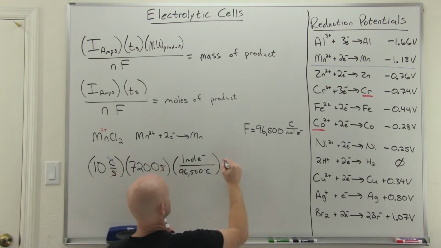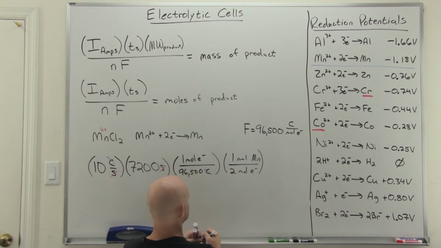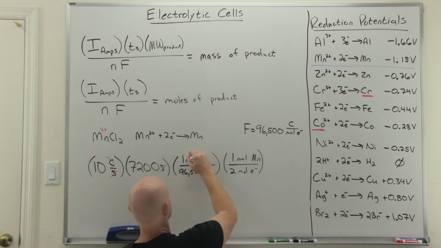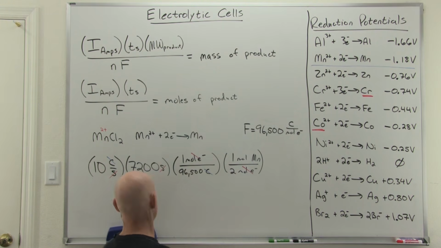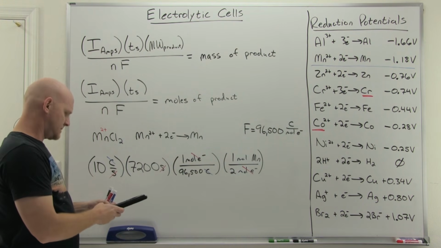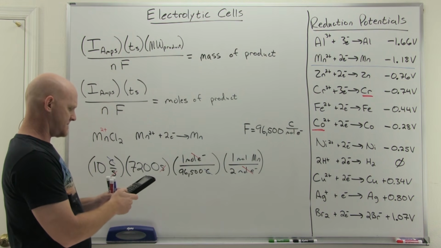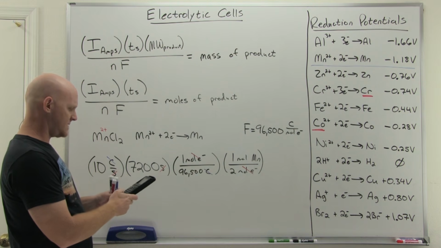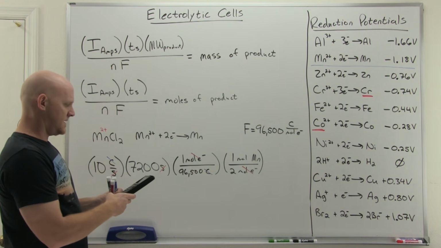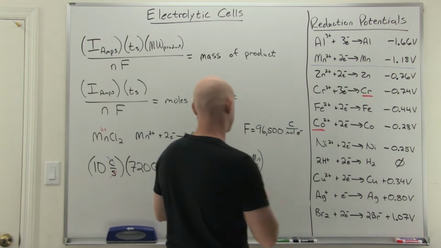In this case, it takes 2 moles of electrons to get 1 mole of manganese. And that gets us to our final answer. So moles of electrons cancels, and we get the moles of manganese. Let's use our calculator: 10 times 7,200 divided by 96,500 divided by 2. And here we're going to get 0.37 moles of manganese.